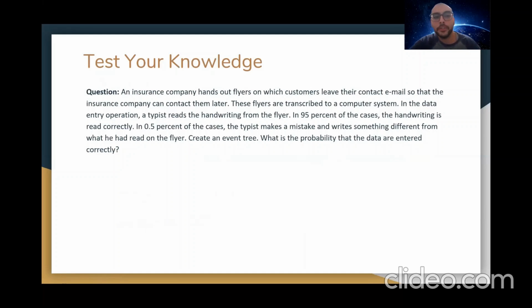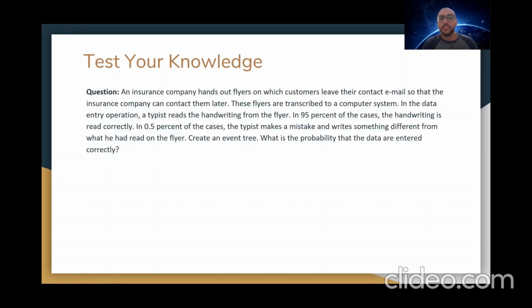And the book also provides questions so we can test our understanding of how binary trees work and how to calculate the probability of defective outcomes. The question says, an insurance company hands out flyers on which customers leave their contact email so that the insurance company can contact them later.